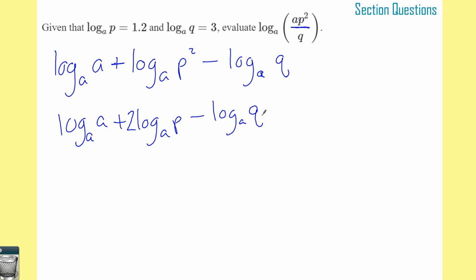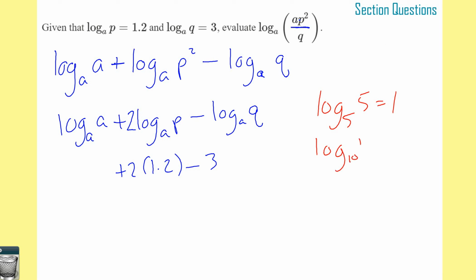Okay, so now we can just replace things. Here, I know the log base a of p is 1.2, and I know log base a of q is 3, but the log base a of a, I don't have one over there. Hopefully you remember, think about it, log base 5 of 5 equals 1, right?